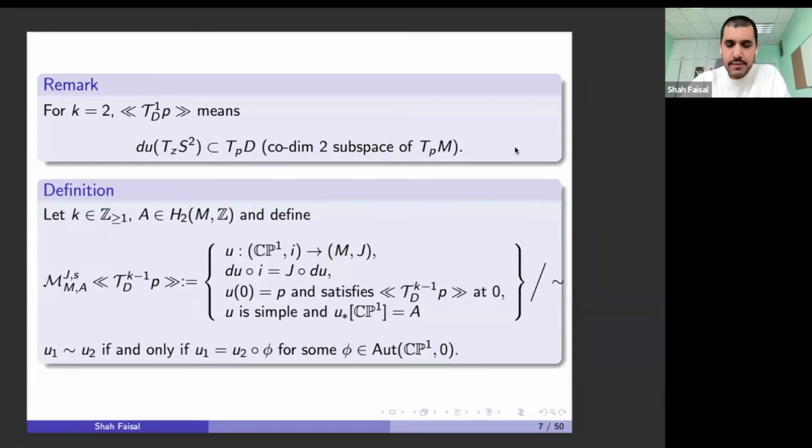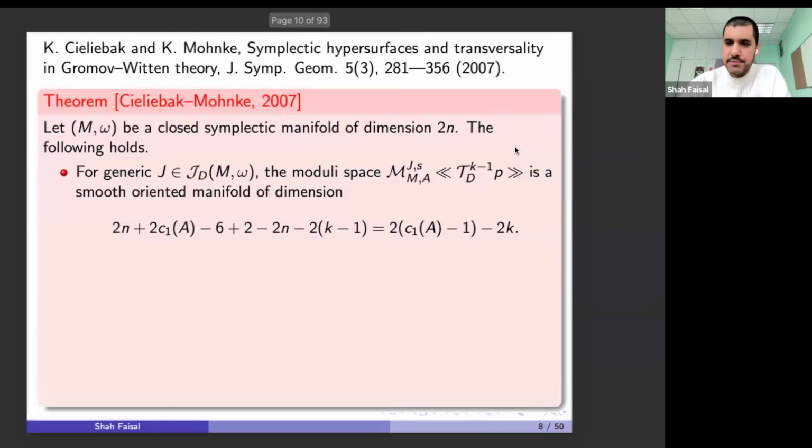Now these moduli spaces are generically regular. So for generic almost complex structure, the moduli space is regular and oriented, and the dimension of this is given by this number.